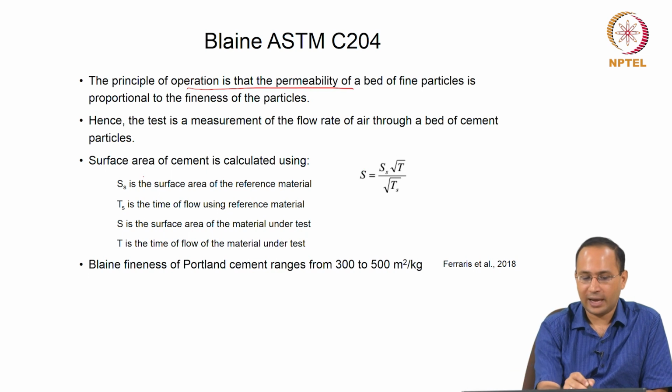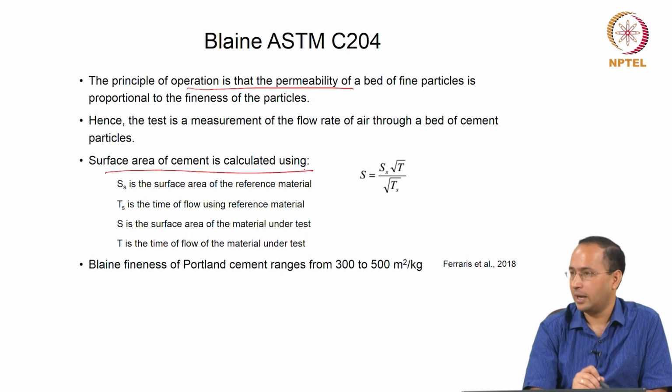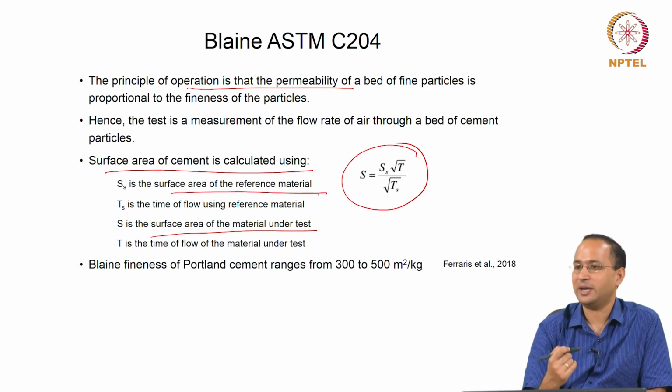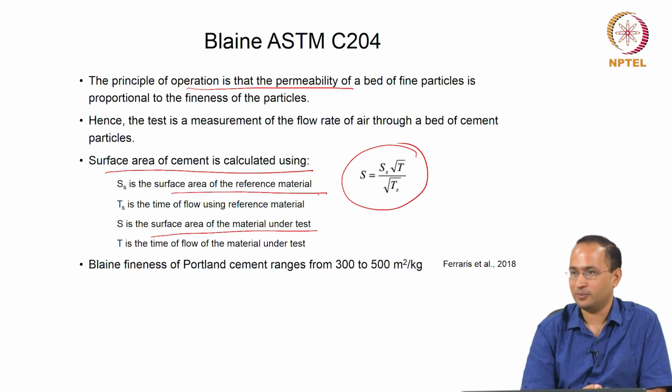How do we calculate? The surface area of cement can be calculated using this relation, where S is the surface area of your material, equal to SS, the surface area of the reference material. So, pay attention, you need a reference material of known surface area; you have to calibrate it.